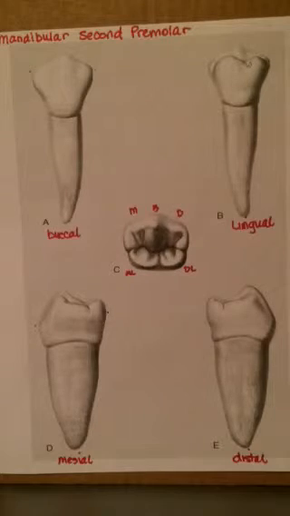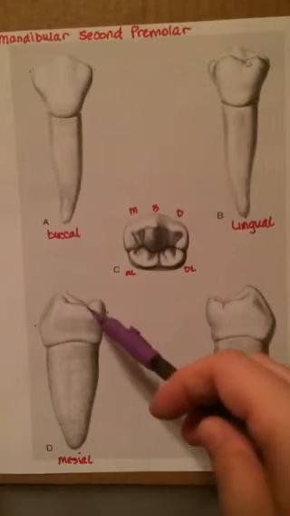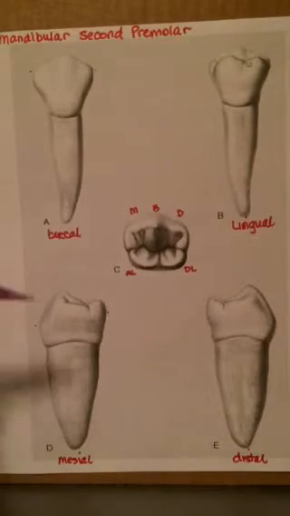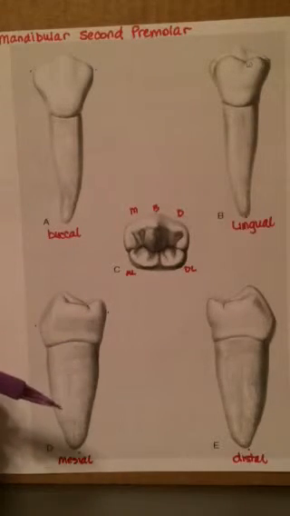The distal marginal ridge is at a lower level than the mesial marginal ridge. You can see more of the occlusal surface on the distal side. Also, there is no mesiolingual developmental groove, as there was on the mandibular first.